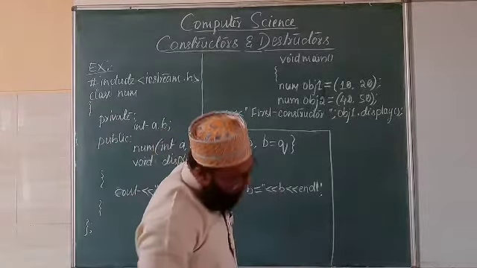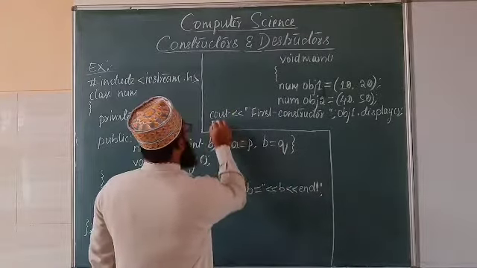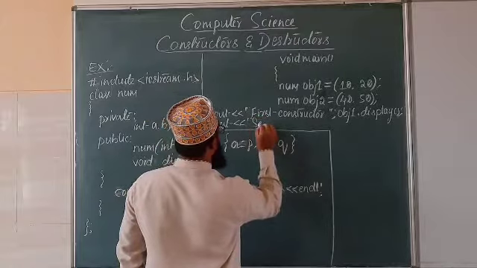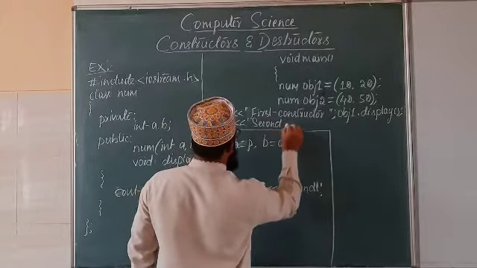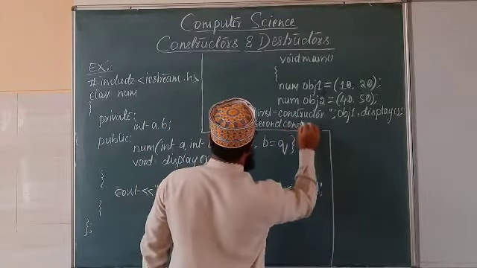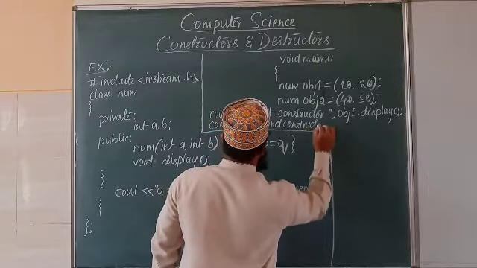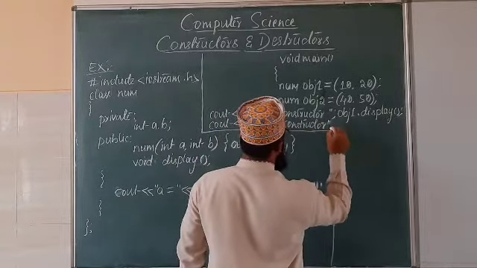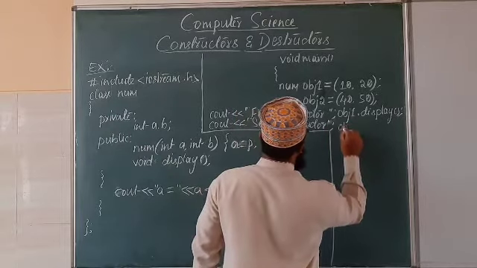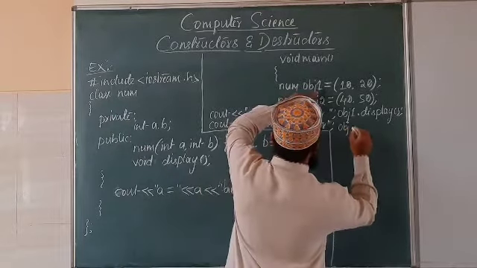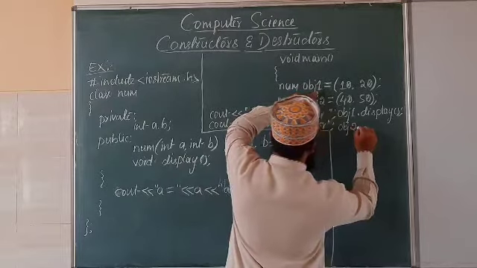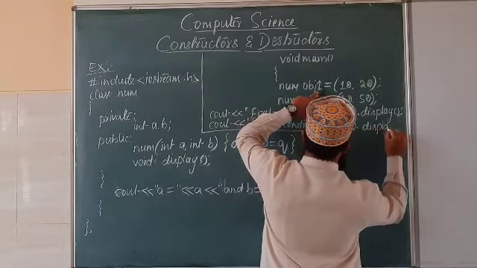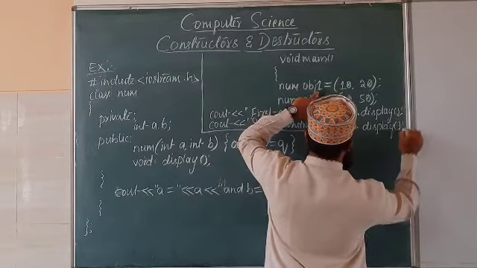And after this, next statement, cout second constructor, that is here C2, then object2. The first constructor is object1, the second constructor is object2.display.